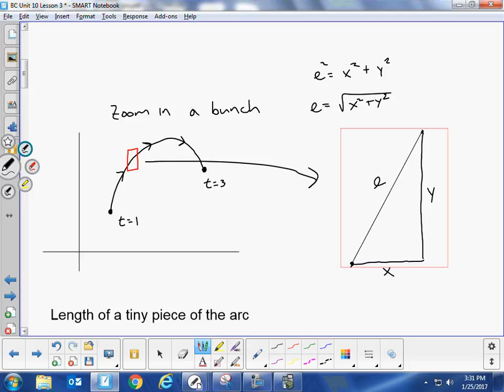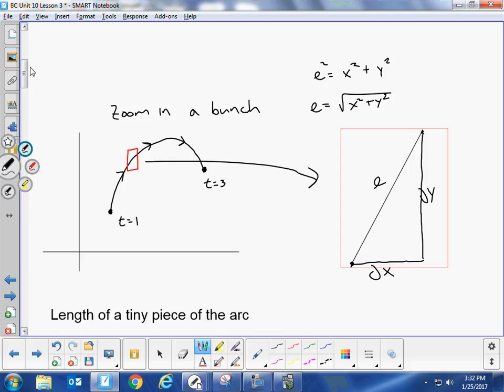Very, very small. Almost infinitely small. So small that we could say it's an instantaneous change in x. And it would be the same for our y distance. Very small, infinitely small, both the dx and the dy.